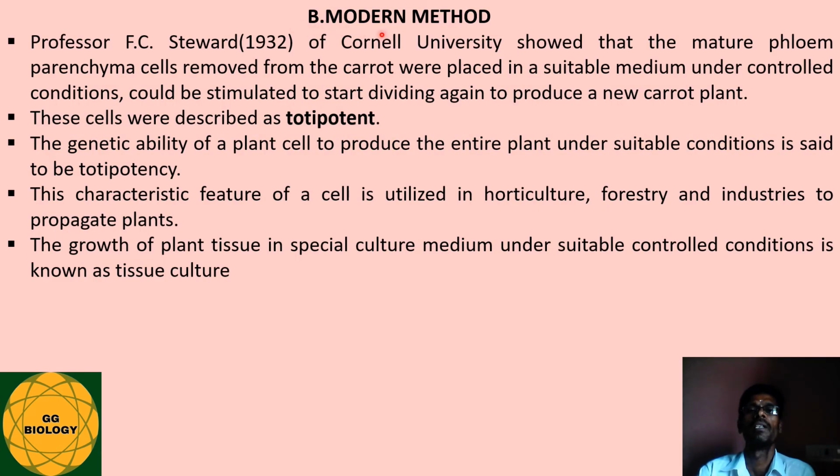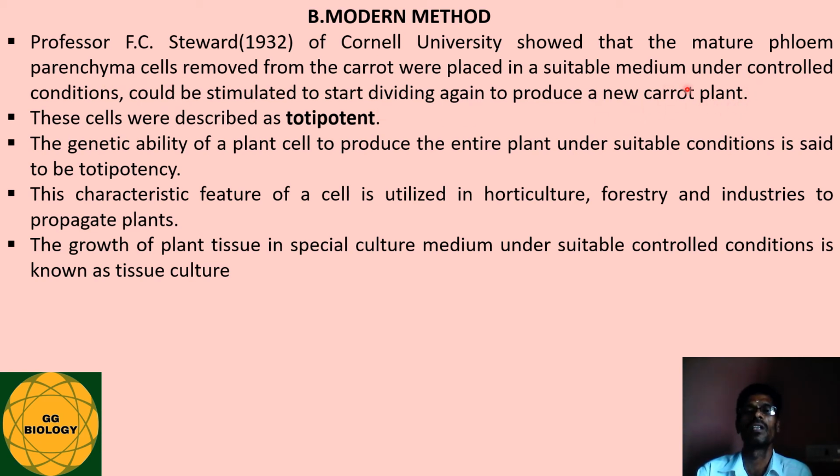The next method is the modern method. Professor F.C. Steward in the year 1932 at Cornell University showed that mature phloem parenchyma cells removed from the carrot, when placed in a suitable medium under controlled conditions, could be stimulated to start dividing again to produce a new carrot plant. So from the mature phloem parenchyma cells, Steward got an entire carrot plant.